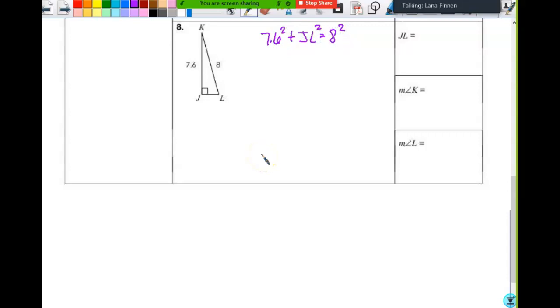So I'm not even going to worry about actually squaring them. I'm just going to make this JL squared equals 8 squared minus 7.6 squared. That means that JL is the square root of 8 squared minus 7.6 squared, and the calculator will do all the stuff for me.